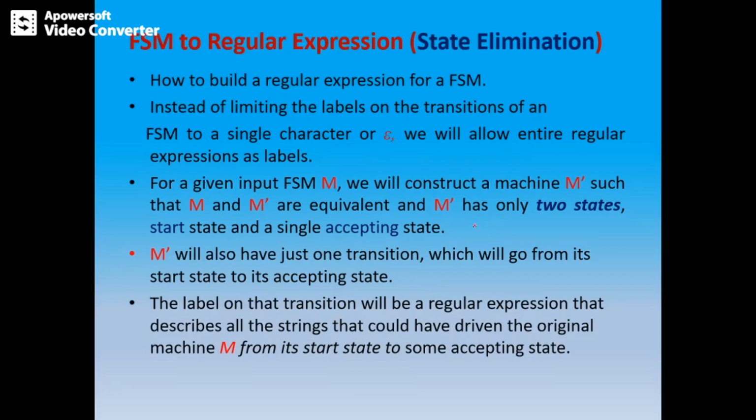In that case, finally in your converted FSM, that is M dash, you should have a start state and then the accepting state. Only these two can be present, and there is a transition whose label will be the regular expression of the entire machine. So given input FSM M, you have to construct machine M dash like this.